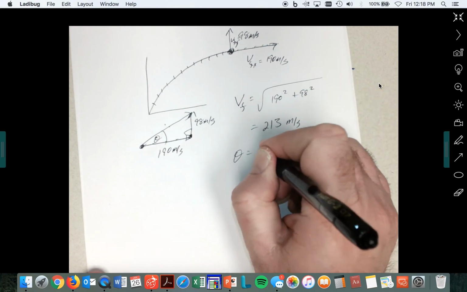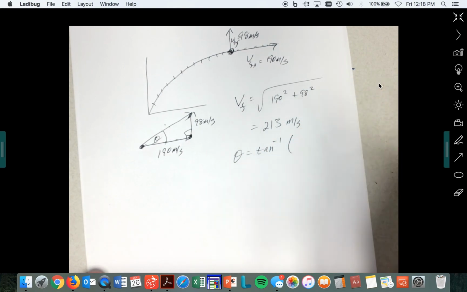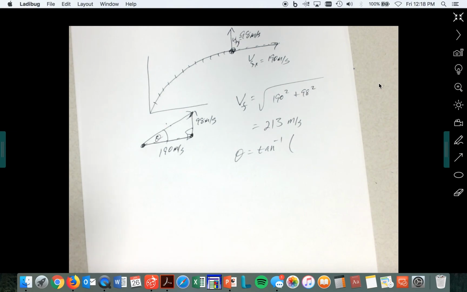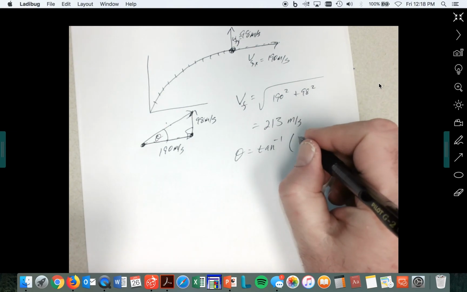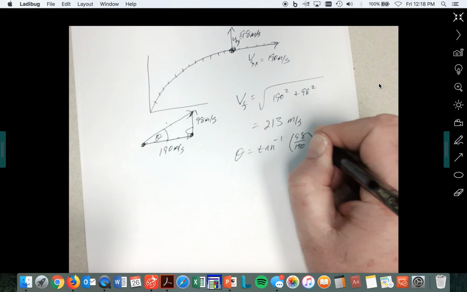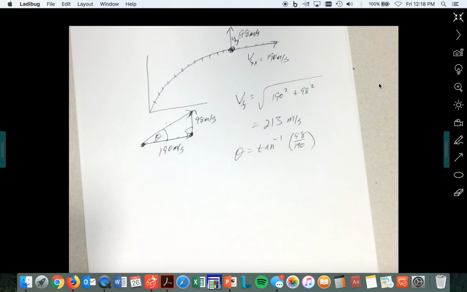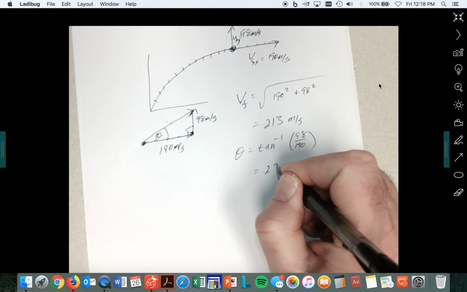And the angle will be the inverse tangent of 98 over 190, which is about 27.3 degrees. I don't know if they asked for that.